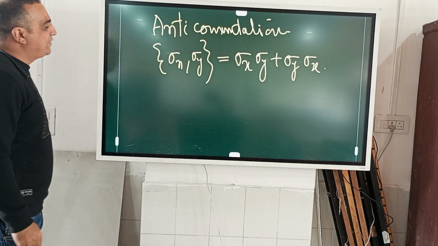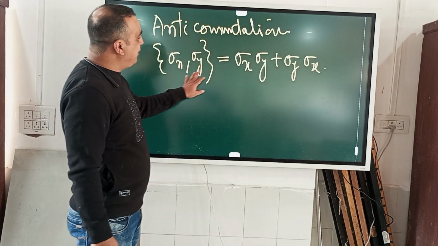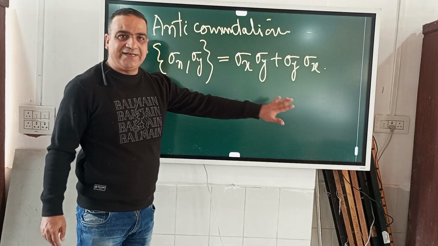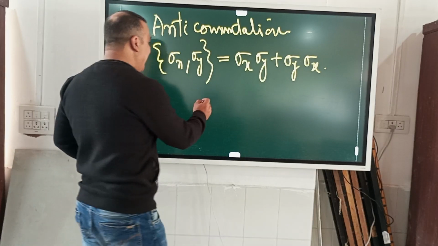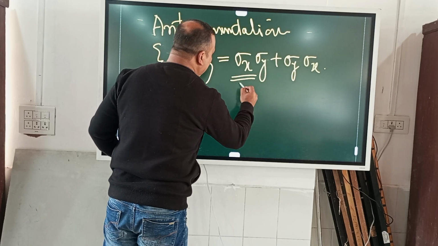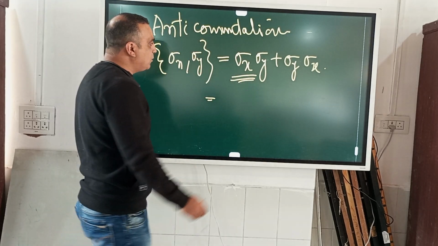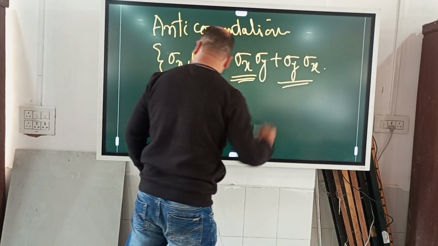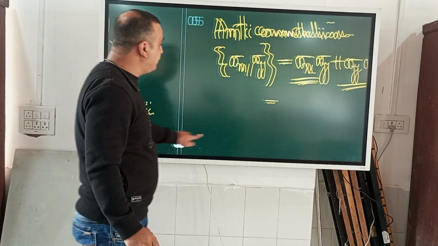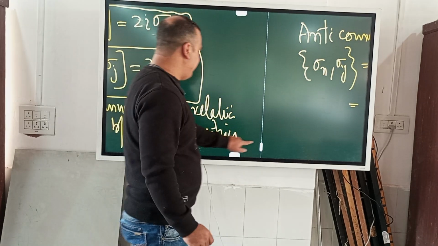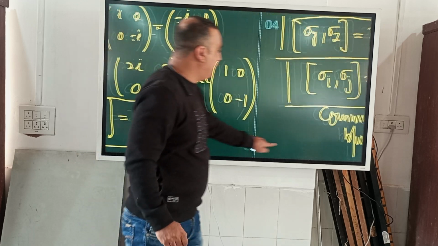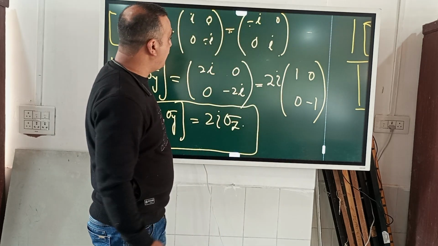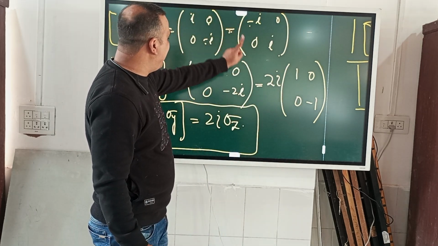This is how it is done. And I think we have already calculated this product, and we have also calculated this product. So what was the result of the first product? Now let's check that. What was that? So that was minus i and i.